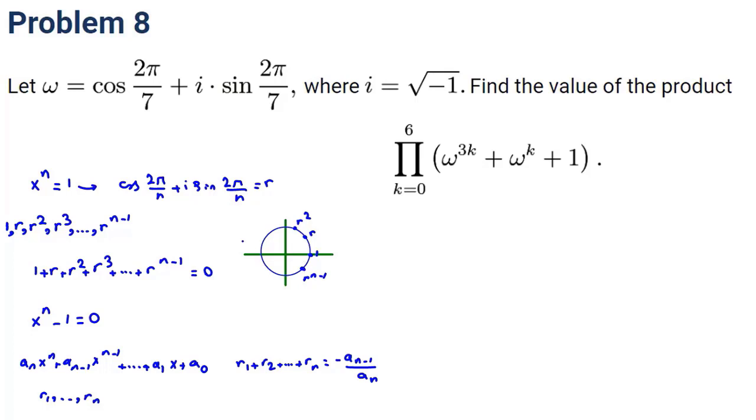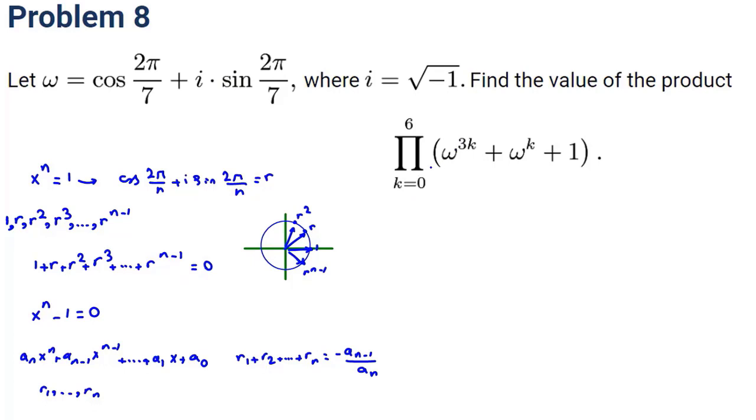For some problems where you want a little intuitive thinking, it helps. You can consider them like vectors, and then their sum will be 0. But Vieta's formula was so much better. So here a_(n-1) is 0, so negative 0 over a_n, which is 1, negative 0 over 1 is 0.